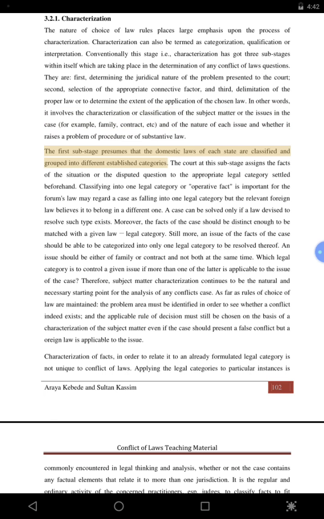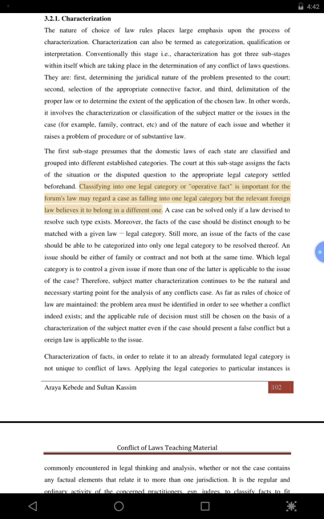The first sub-stage presumes that the domestic laws of each state are classified and grouped into different established categories. The court at this sub-stage assigns the facts of the situation or the disputed question to the appropriate legal category settled beforehand.